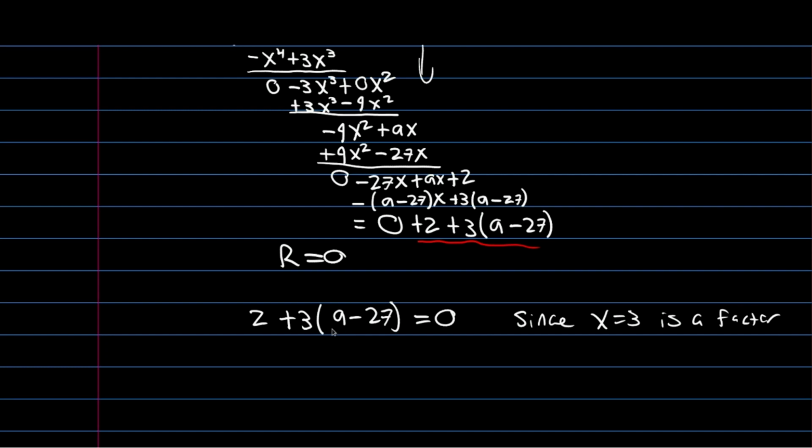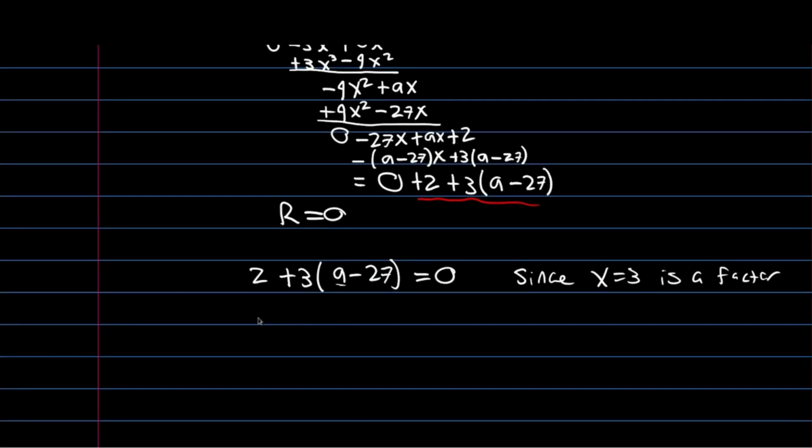Therefore, we only need to solve for variable a, and we can do so directly. So we can say 2 minus 27 times 3, 81, equals negative 3a. Therefore, a equals negative 79 divided by negative 3 equals 79 over 3.